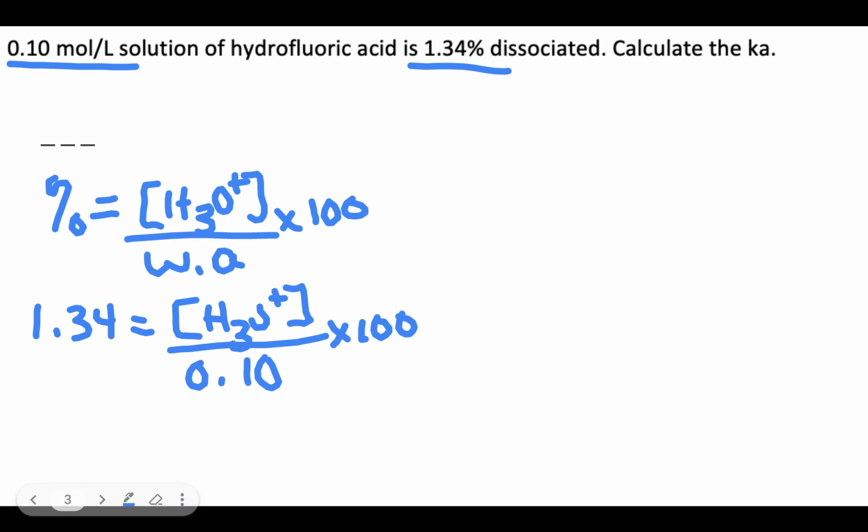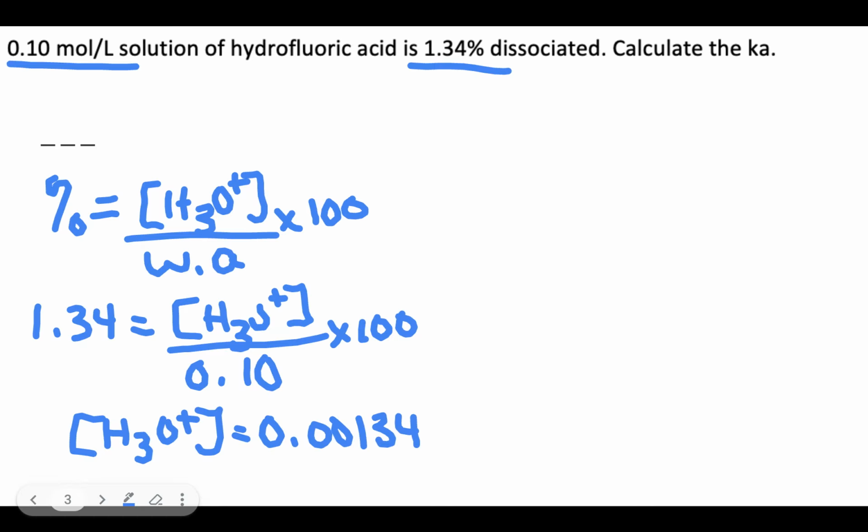So we can rearrange this formula to find hydronium, and when you do that and you plug it into your calculator, you'll get that the hydronium ion concentration is 0.00134 moles per liter. Now that we have that, we can go and use that Ka formula one more time because that's what it's solving for.